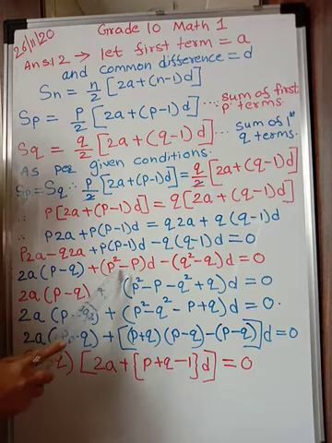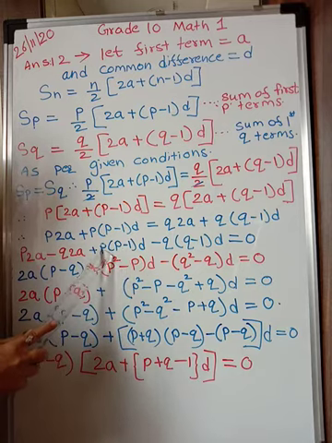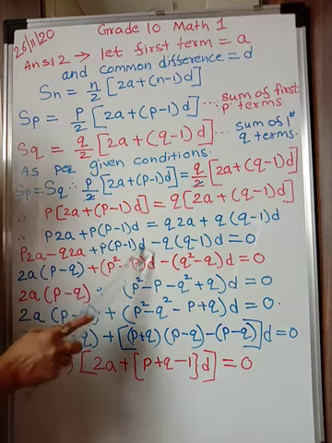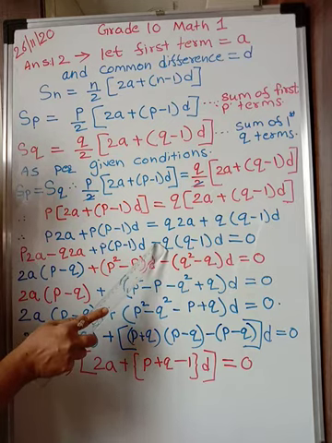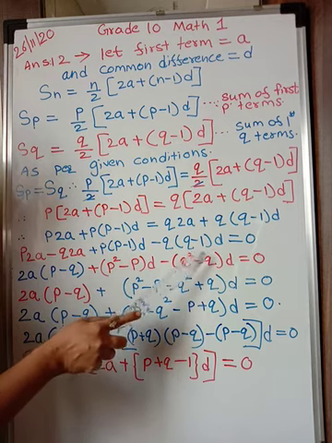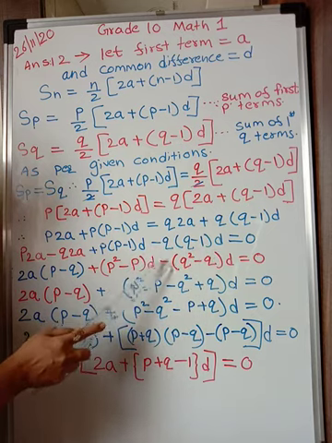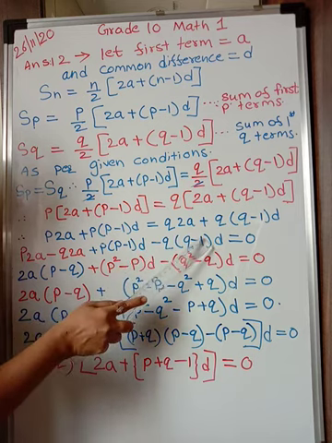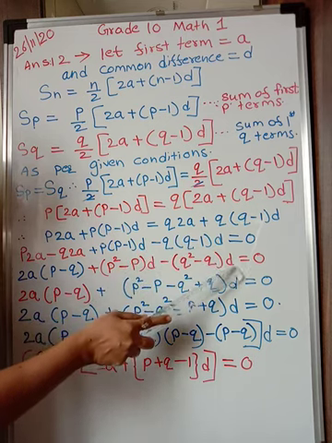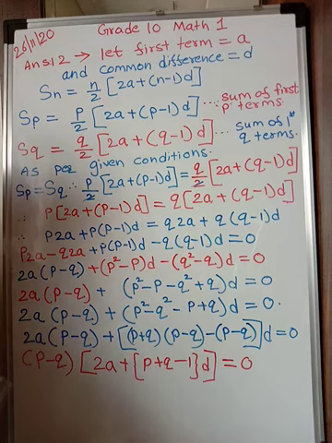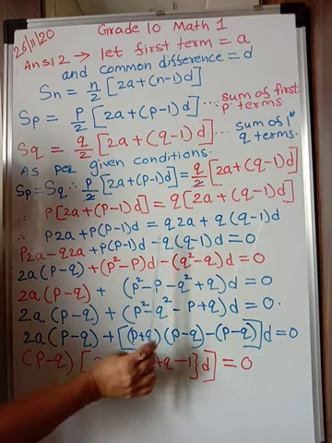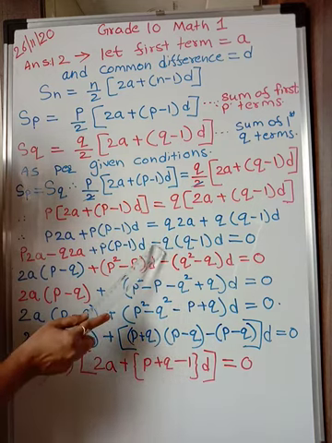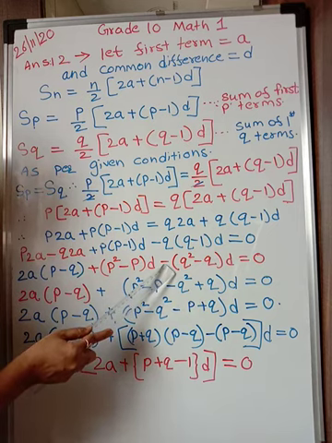P into P is P square minus P into 1 is P. D remains as it is. Similarly, minus Q into Q will be Q square, minus sign as it is. I have not touched this minus sign. Q into 1 is Q, into D. Up till here is it clear? I am multiplying only with Q, not with minus Q. The minus sign I have kept over here as it is.